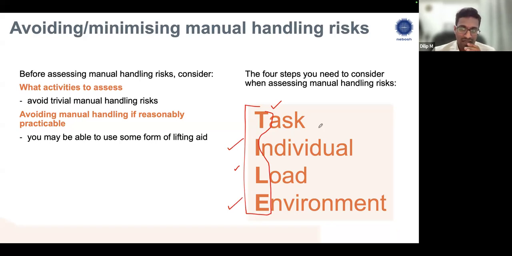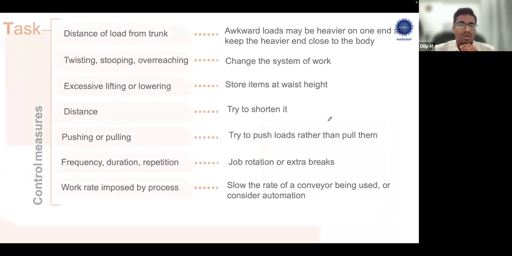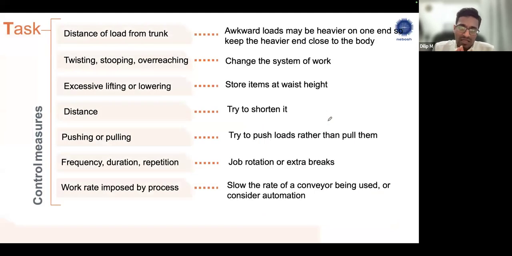For each of the factors, check what are the risks and accordingly the controls to be implemented. For example, if I look at the task, what are the risk factors associated with the task? Number one is, what is the distance of the load from the trunk?